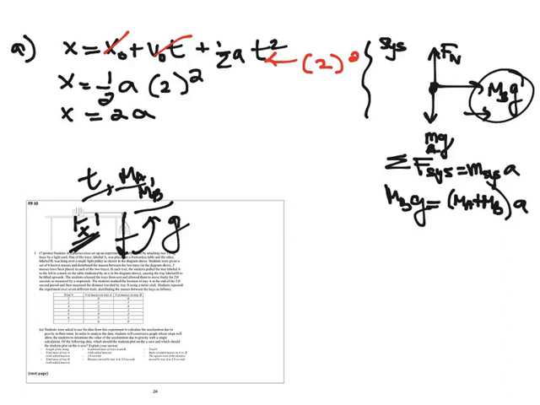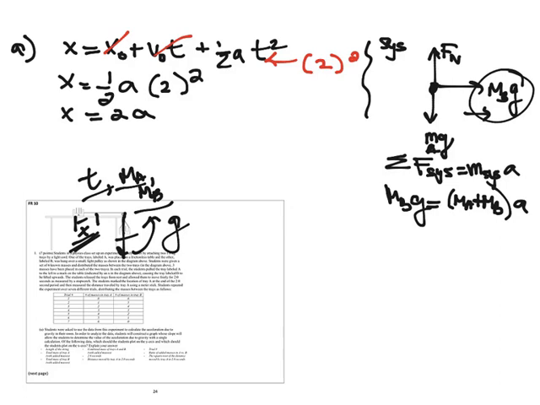I can solve for acceleration, or I can put x over 2 in for acceleration. It doesn't matter which I do, but I need one equation that relates g to my masses.